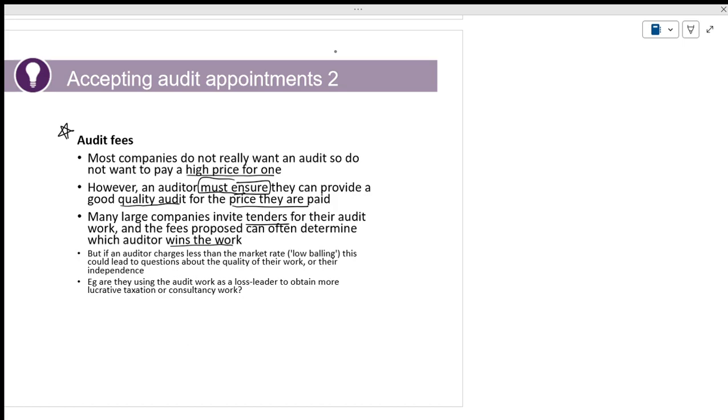Now, what they say is, what if the auditor charges less than the market? See, it all depends. When we say Big Four, they will definitely charge more, but the quality is also more.